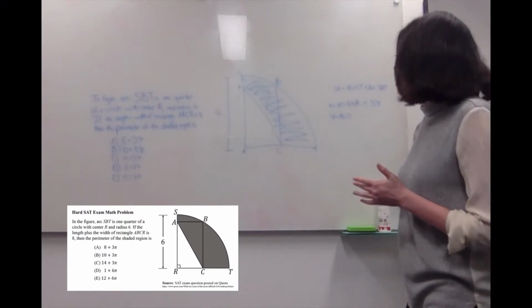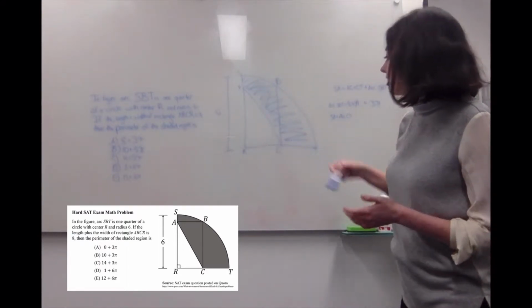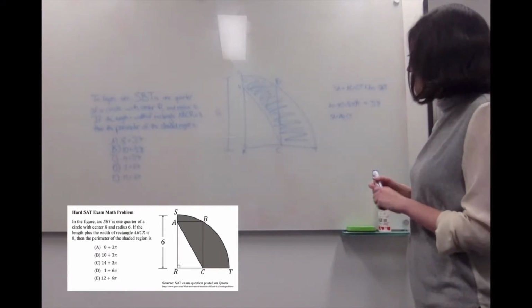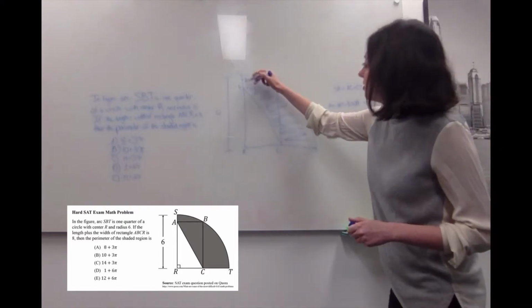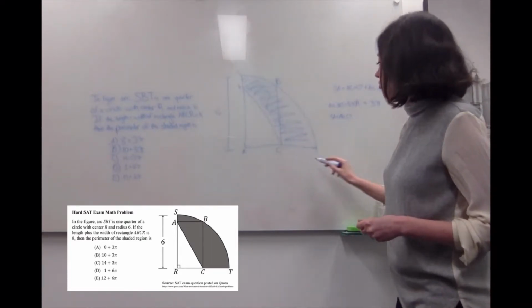Great, good. But how are you going to figure out what this length is, and this length is? There are a few things. If you start to look at this, what you realize is that this is actually a smaller part of something we do have the length for, similar to this.